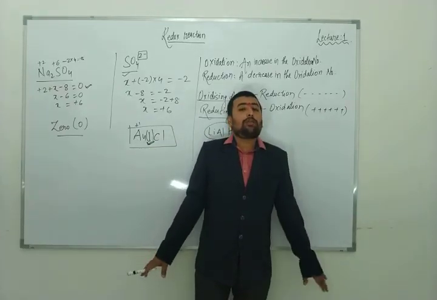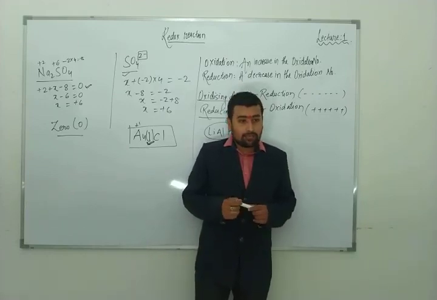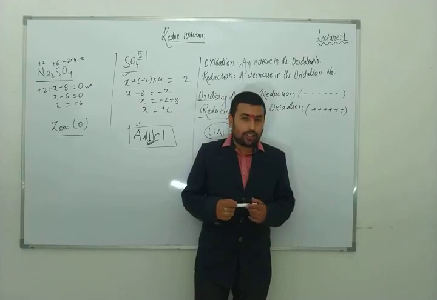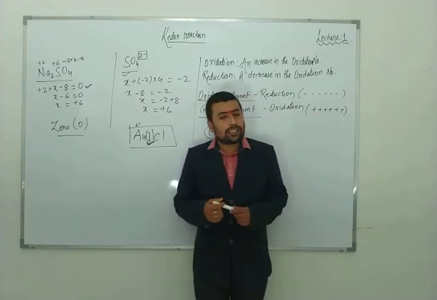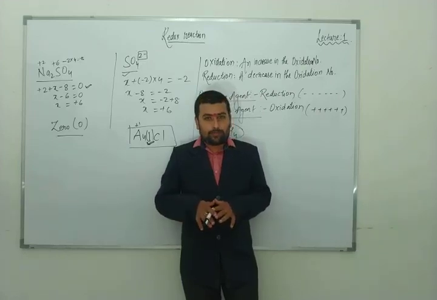Now the main thing is what? Now you have to learn how to balance the redox reaction. This I will discuss in the next video. Till now, this was the introduction of redox reactions.